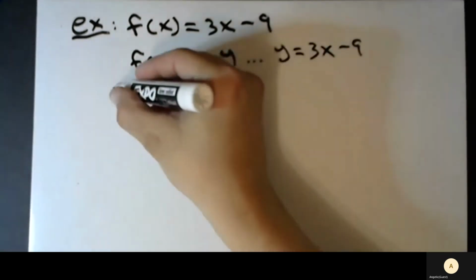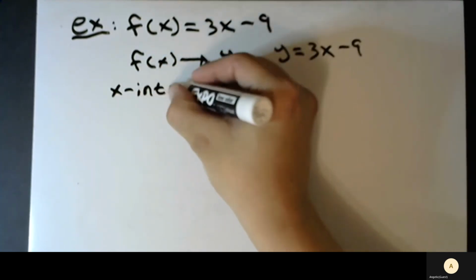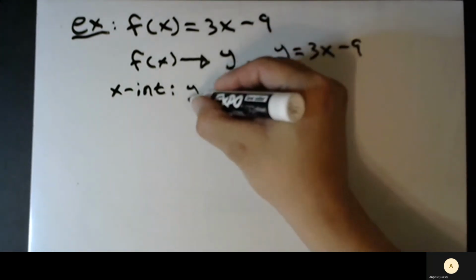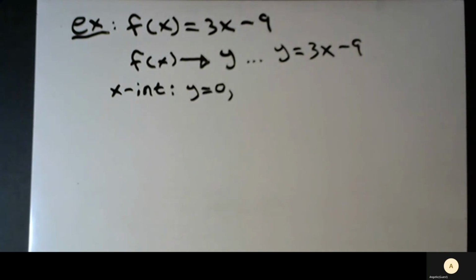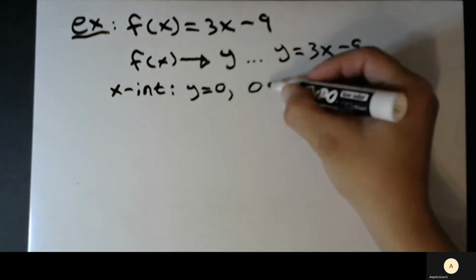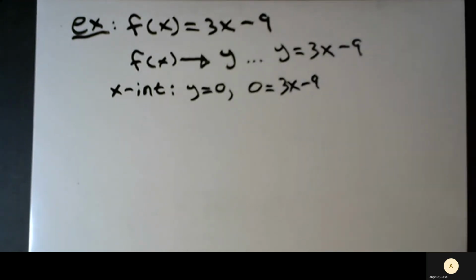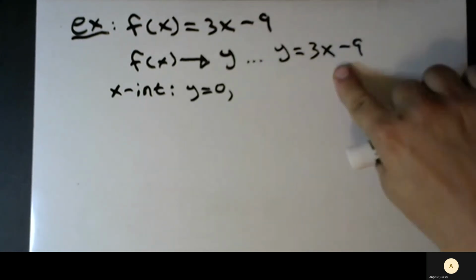So first off, let's look for the x-intercept, and I'll abbreviate intercept. To find the x-intercept, we let y be 0. Then, with y equal to 0, we're going to solve for x. In fact, let me write this a little differently.